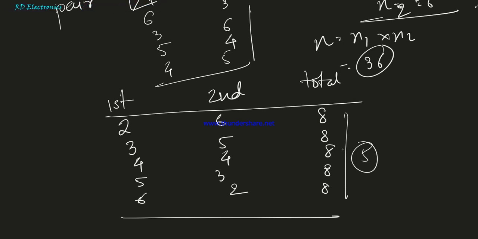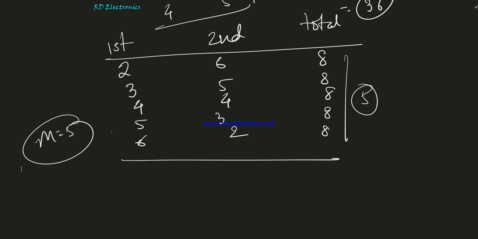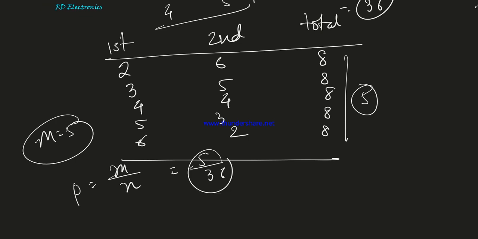Now the number of ways favorable to the event is m equal to 5. There are 5 favorable events, so using the formula m by n, the probability is 5 by 36. Okay, so these are the probabilities.